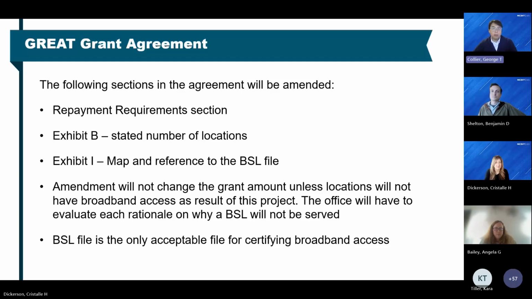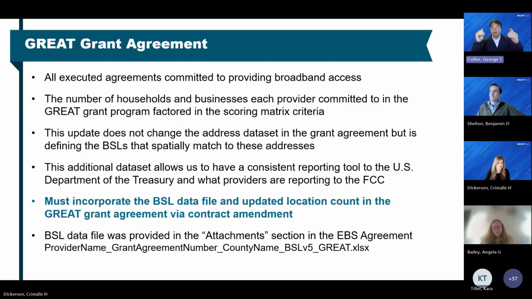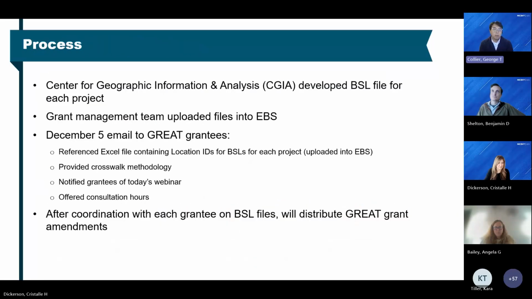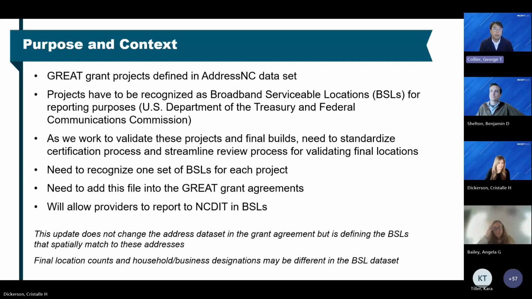I think one of the slides that Ben shared earlier, and one that Angie addressed, stated that there is not a direct correlation, but we are using the BSL data set that spatially matches the addresses from Address NC to BSL. Ben, you showed in one of your slides that there were 2 Address NC points, and when you did the crosswalk, it reduced those 2 points down to 1 BSL.